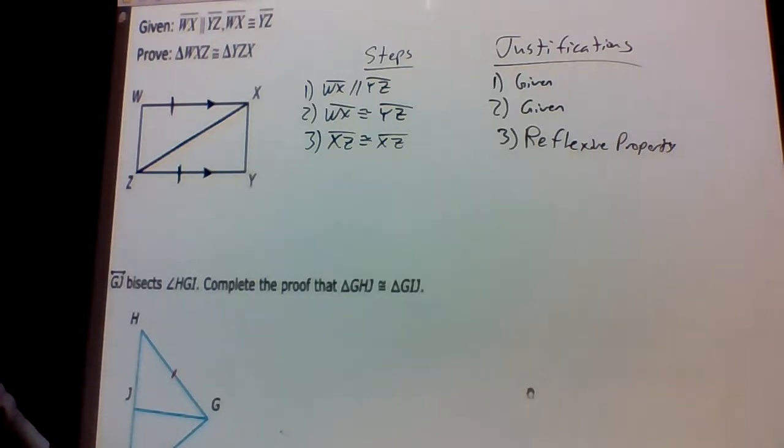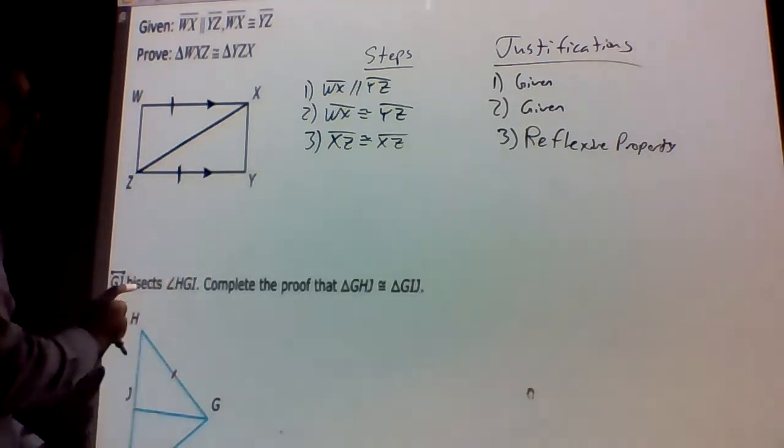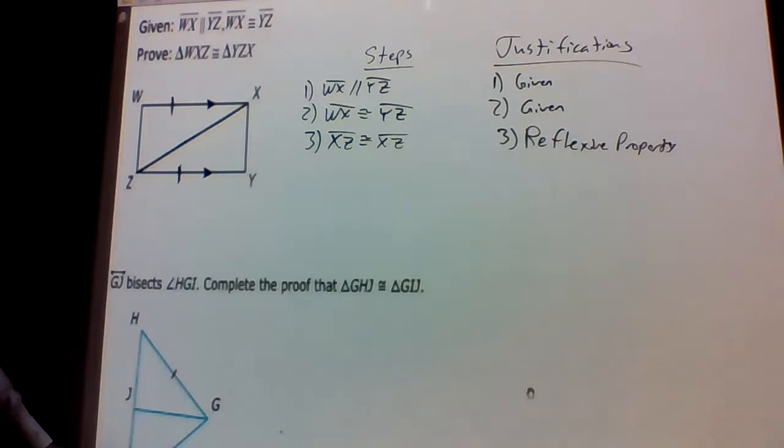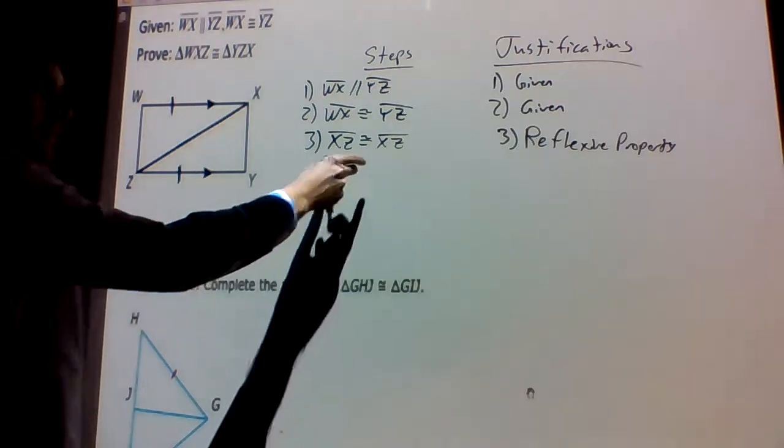That's probably more accurate, because if you flip this triangle around, it's actually going the other way. But our reference sheet only has the reflexive property listed on it, so for simplicity, we're just going to stick with reflexive. Just stick with reflexive and you won't go wrong. So XZ is congruent to XZ.